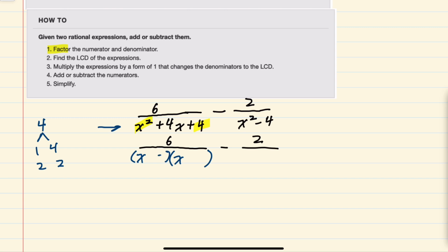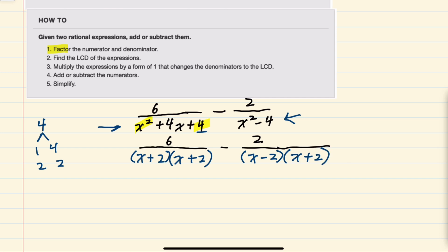In this example, 2 and 2, if they are both positive, multiply to be positive 4, and the 2x and 2x add to be the 4x. And then on the right hand side, x squared minus 4 is the difference of two squares. This factors as an x minus 2 and an x plus 2.